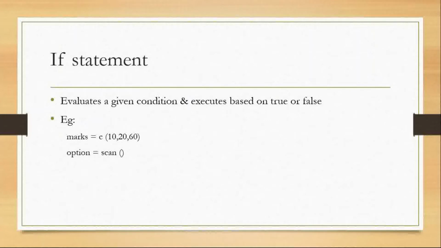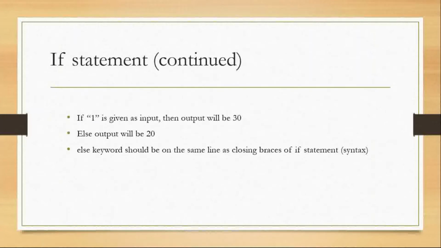Out of 10, 20, and 60, 20 is the middle or median. Hence we will get 20 as output. Here, if you carefully observe, else keyword should be on the same line as closing braces of if statement. That's the syntax, else it will return a syntax error.